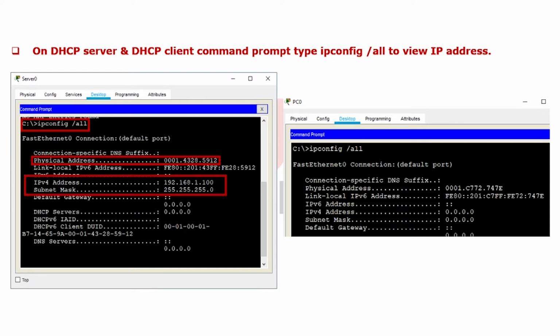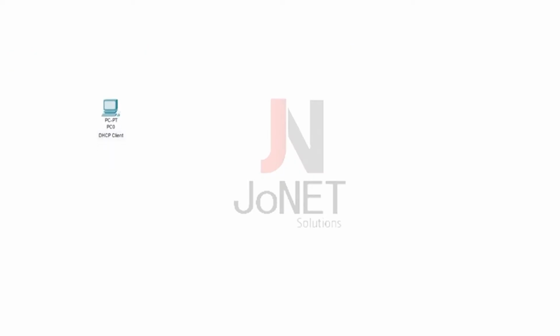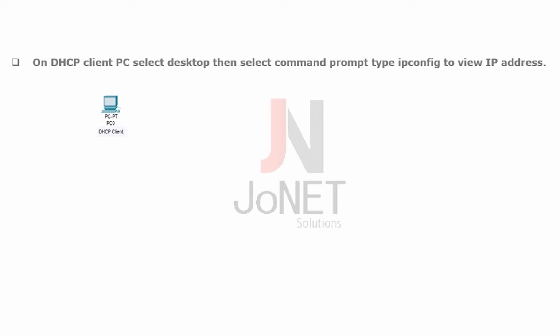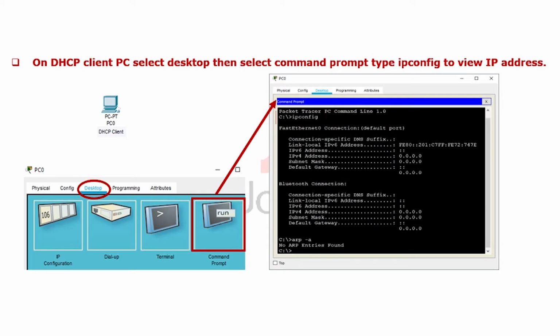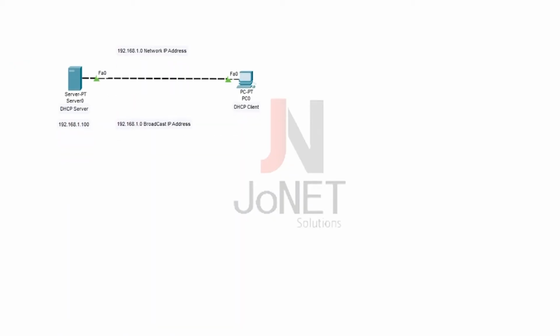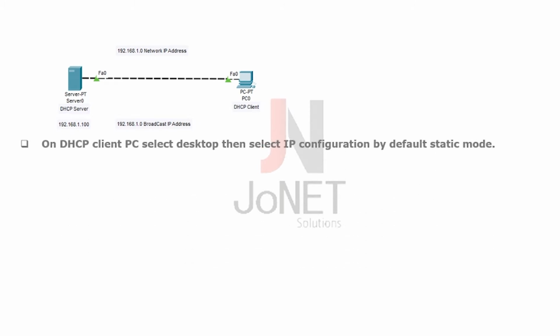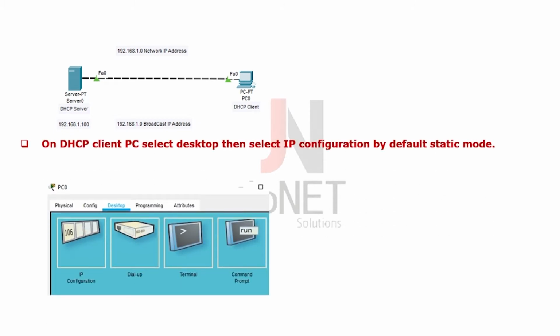Here there is no IP address we have assigned, so it is listed as 0.0.0.0. For the subnet mask also 0.0.0.0. Now on the DHCP PC, select the desktop, then select the command prompt and type ipconfig to view the IP address. So initially it doesn't have any IP address or subnet mask. So we are going to use the DHCP server to get the IP address for this PC0.